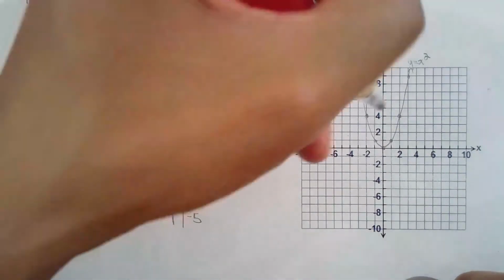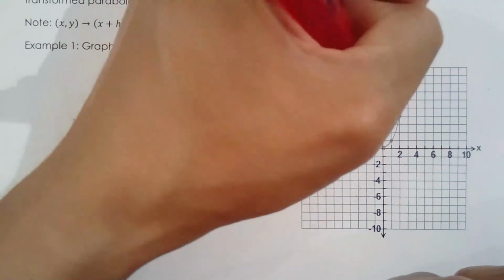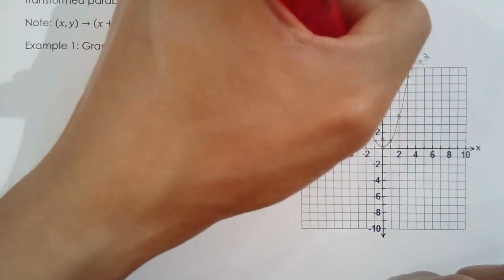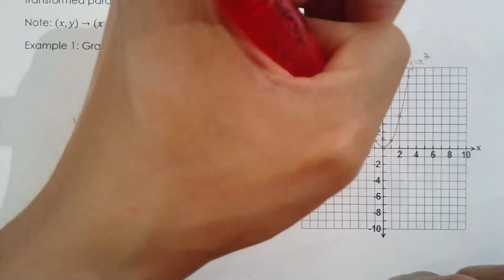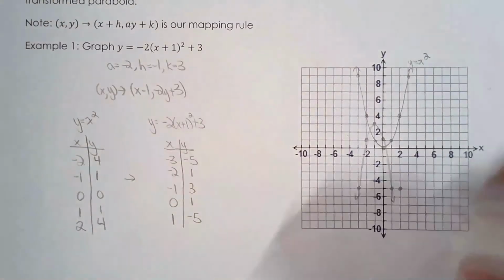So, let's see. Let's plot these points. 0, 1. -1, 3. -3, -5. Okay, oops. Let me erase for a second. Okay, let's label that.